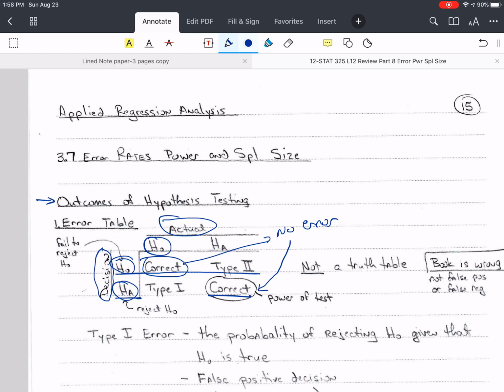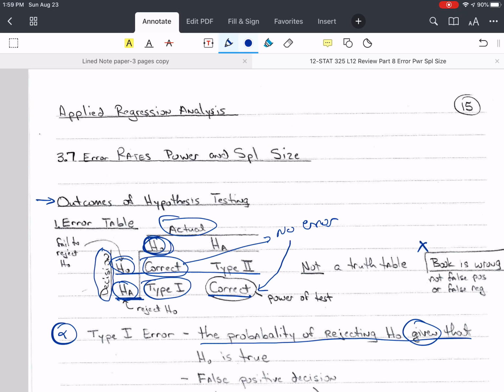The type 1 error is when we make the decision to reject H naught, but H naught is really true. We usually use alpha to denote type 1 error. You've seen that when you've done hypothesis testing and confidence intervals. So the type 1 error is the probability of rejecting H naught given that H naught is true. This is a conditional probability.